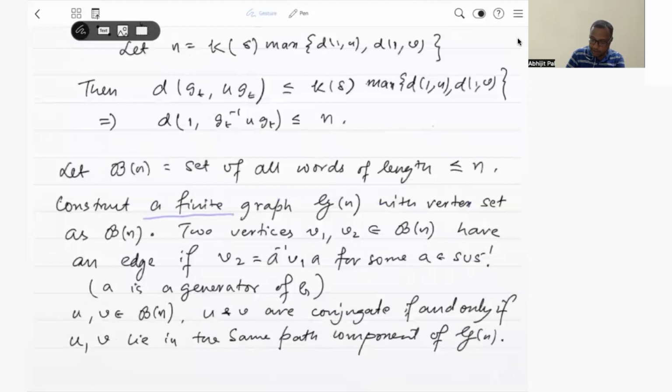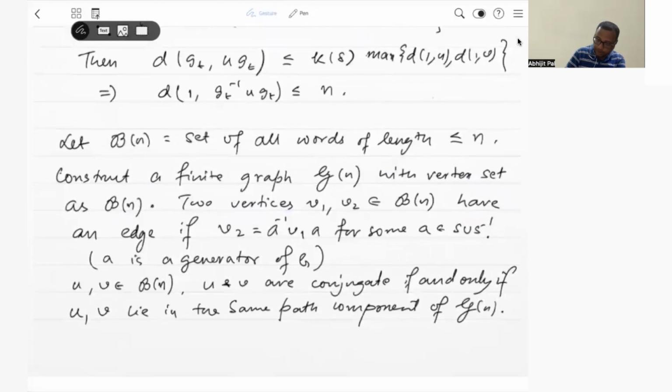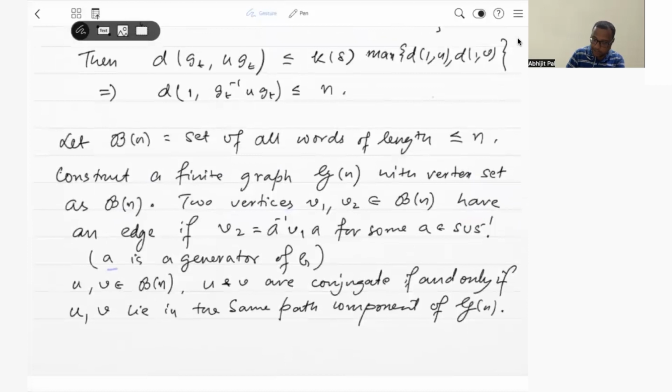Now construct a finite graph Gn with vertex set Bn, and two vertices B1, B2 have an edge if B2 is equal to A inverse B1 A for some A which belongs to S union S inverse, where S is the generating set of G. So B2 is equal to A inverse B1 A. So either A or A inverse is a generator of the group G.